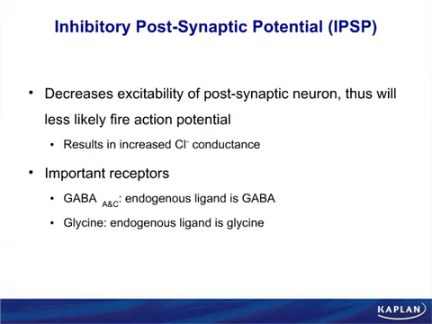Tetanus and botulinum toxin behave the exact same way. They destroy these proteins that are important for neurotransmitter release. That's what they do, the exact same thing. But again, the clinical manifestations are opposite. Botulinum toxin causes flaccid paralysis.